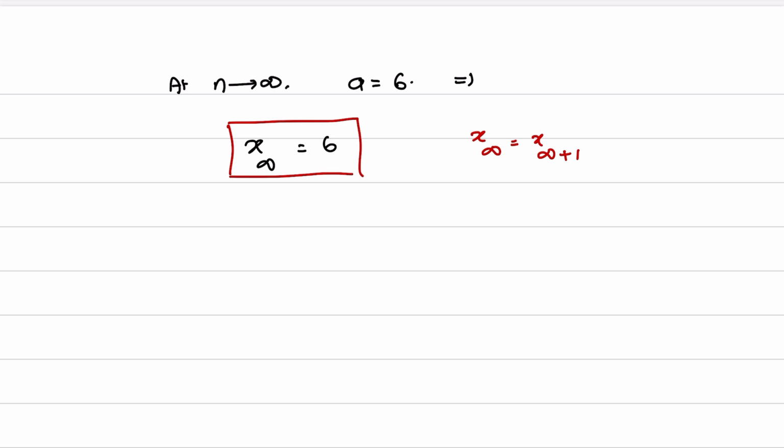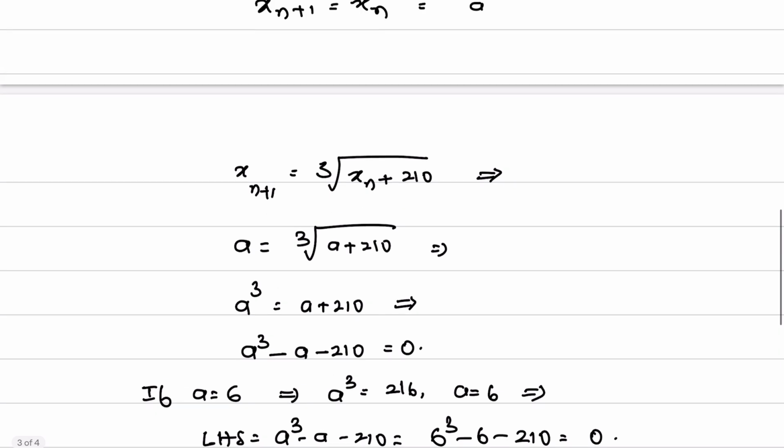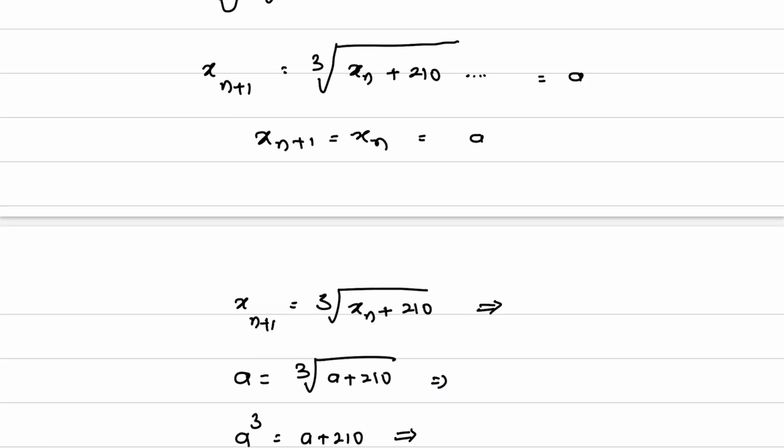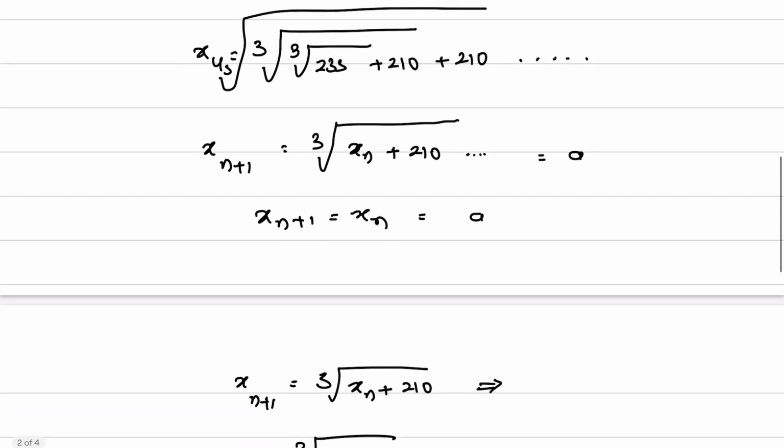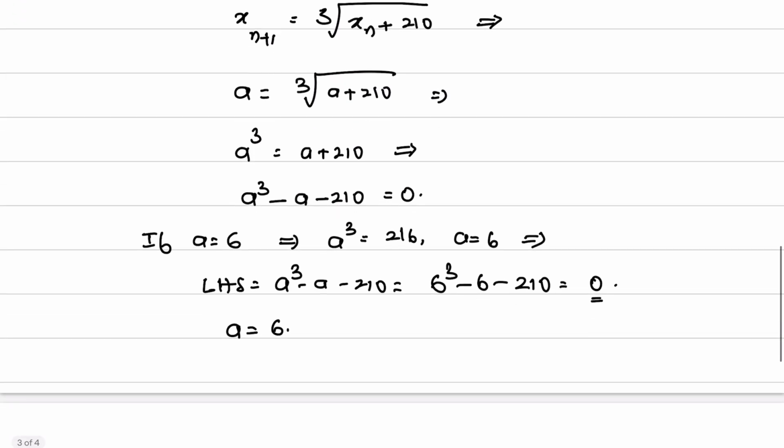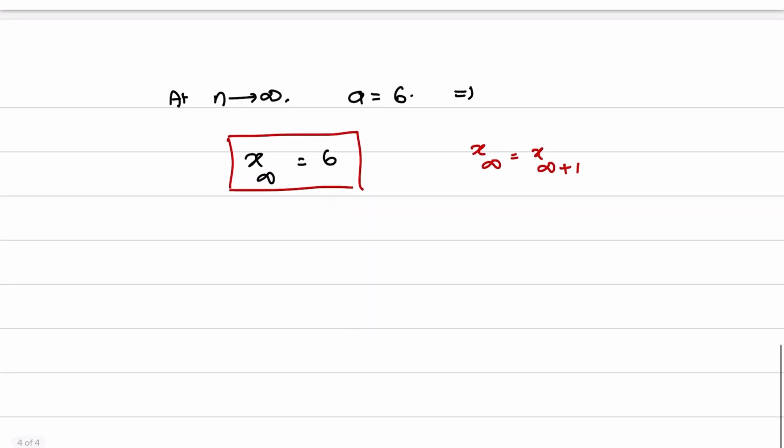Infinity plus 1 or infinity minus 1 doesn't carry any difference in mathematical meaning. Hence, x infinity is equal to 6, because x(n+1) equals xn equals a as n tends to infinity. Therefore, x infinity is equal to 6.